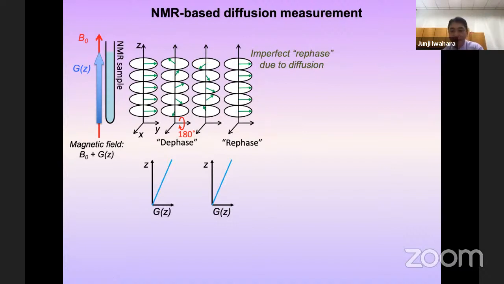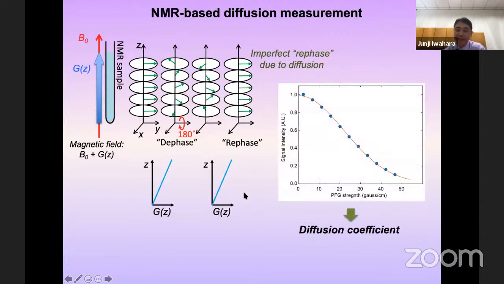Of course, this effect is stronger for faster diffusion and weaker for slower diffusion. And this effect also depends on the magnitude of the gradient. So by analyzing this rephasing effect as a function of gradient strength, we can determine a diffusion coefficient for ions or macromolecular components or other small molecules.